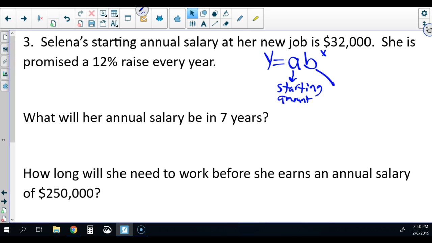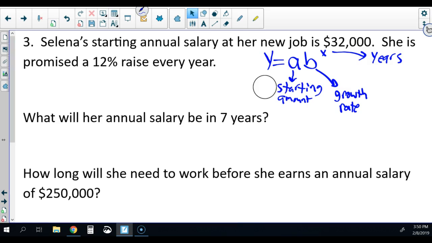The b is the growth rate, and x in this case is years. So that's how I fill in the a and the b, and then plug in whatever for x. Y in this problem would be her salary. So I need starting amount, growth rate, and then leave x and y in there.